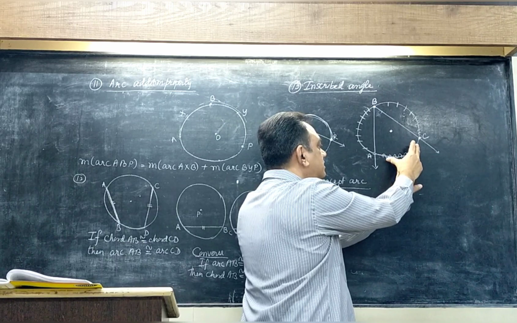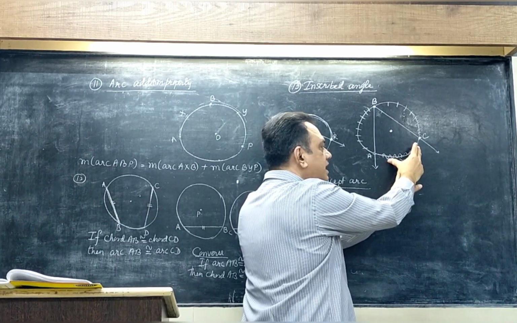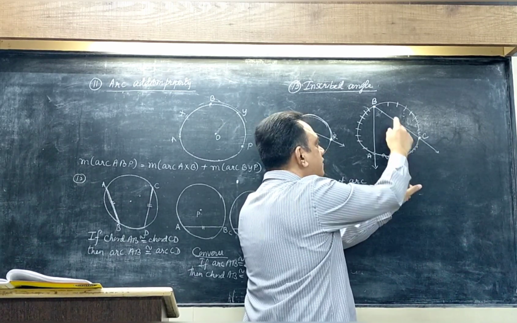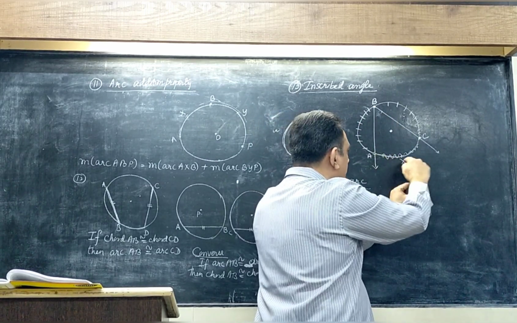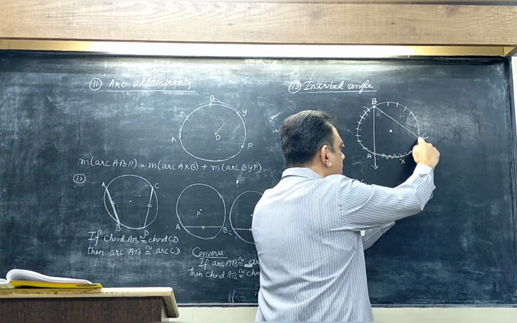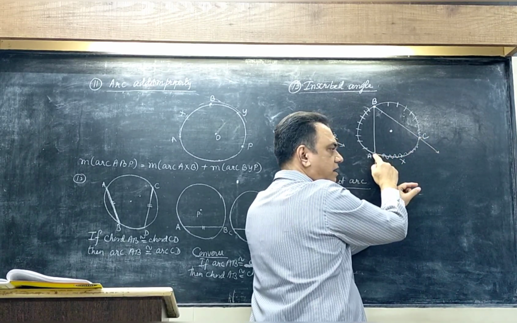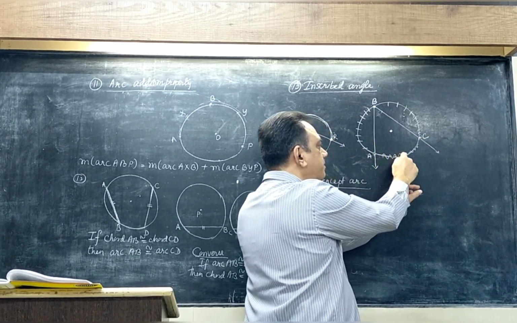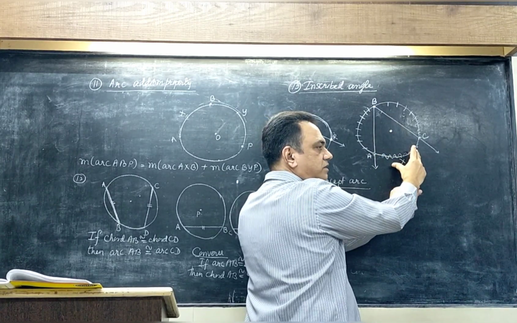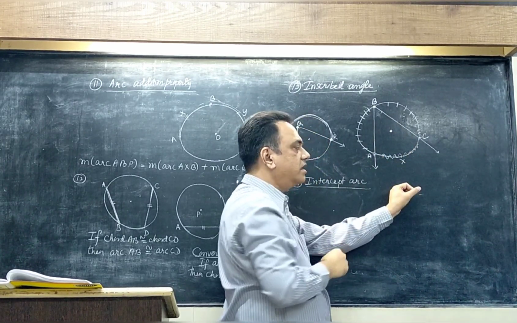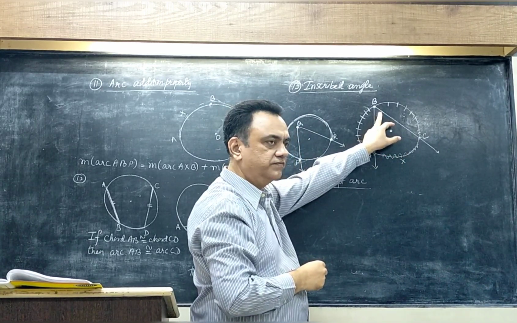That is why this is called the intercepted arc for angle ABC. Endpoints of the arc lie on the sides of the angle, and all other points lie in the interior of the angle. So it's the intercepted arc for angle ABC.